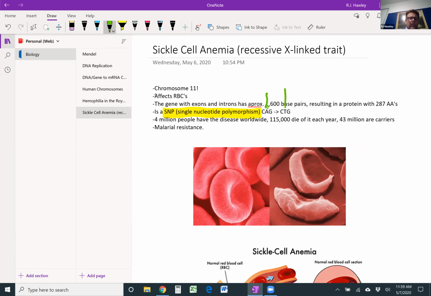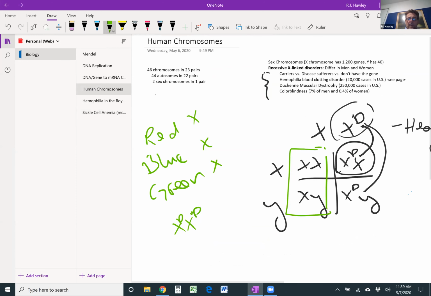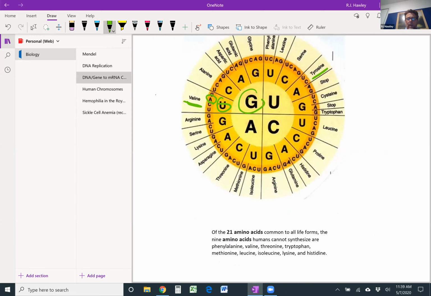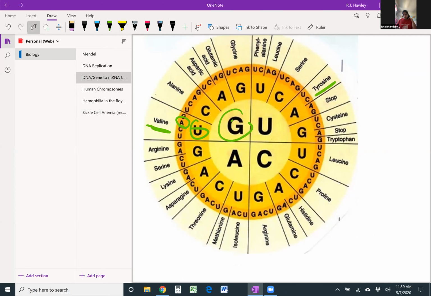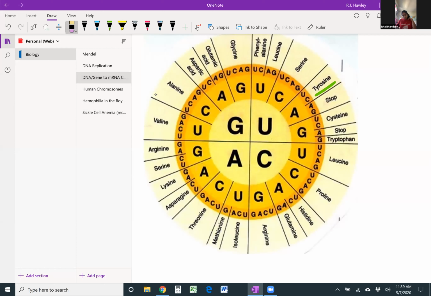So when that happens, if we go back to this chart here, it should be CAG, which would be glutamine. It should be glutamine. But instead it's... Oh wait, we've got to do the translation.